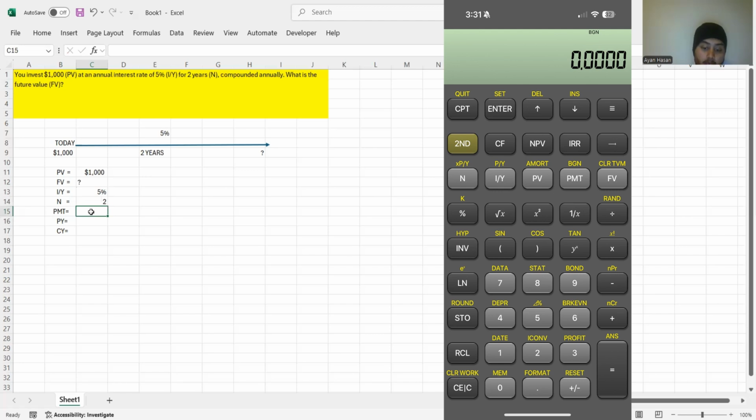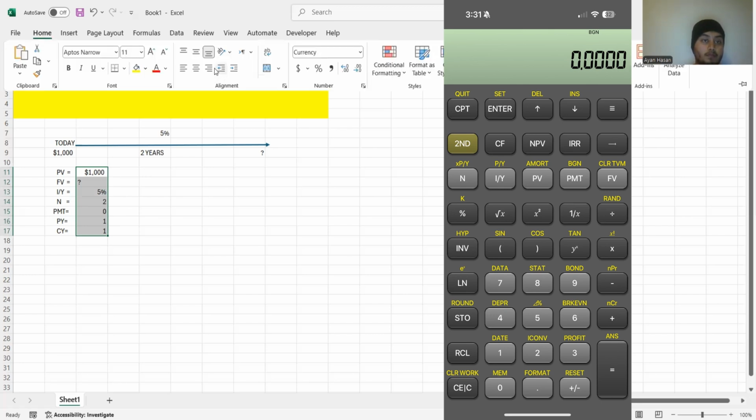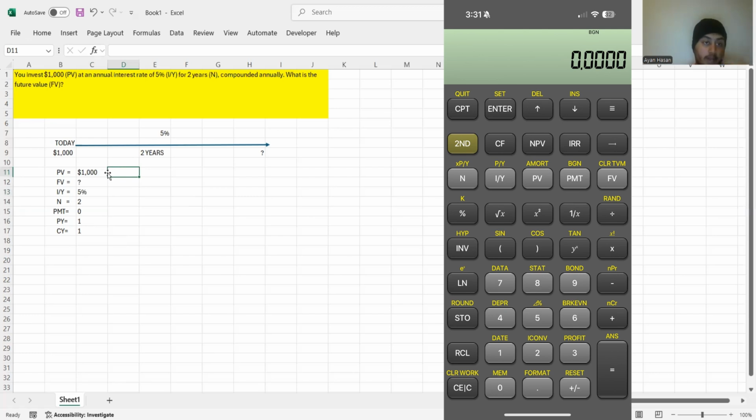For PMT, we don't have PMT. PY is 1 and CY is also 1. Now we have to find the value with the help of the financial calculator, meaning the BA calculator.